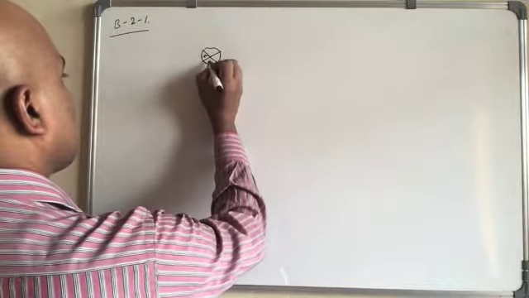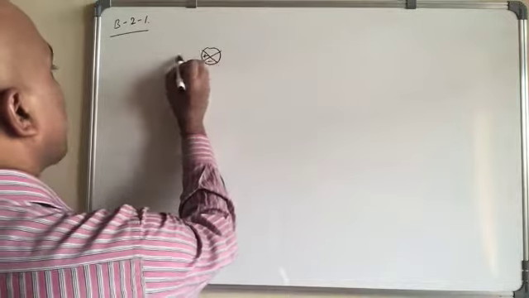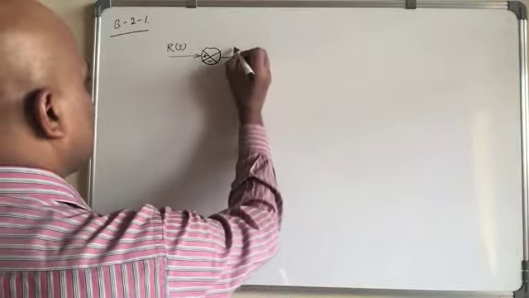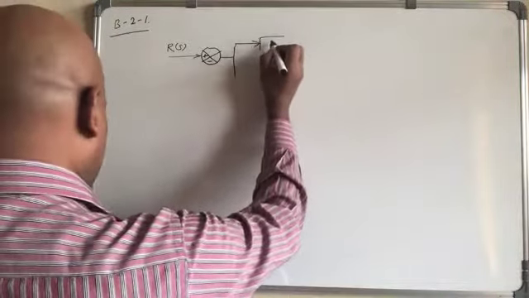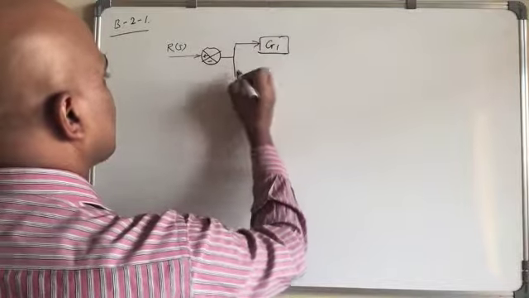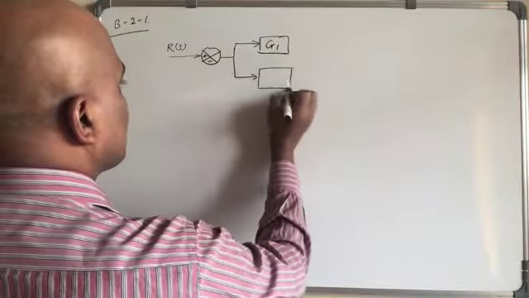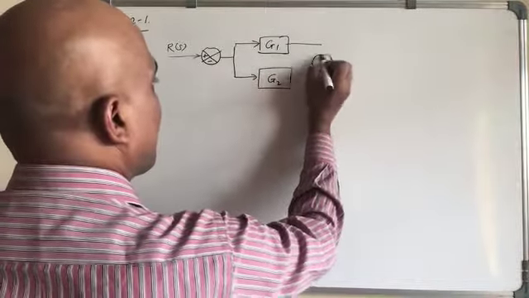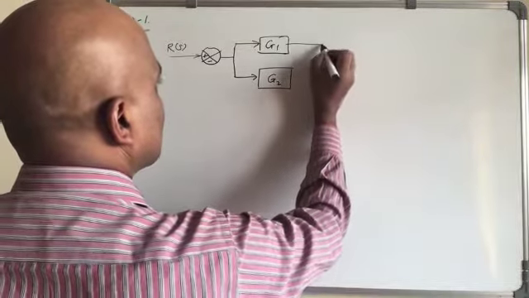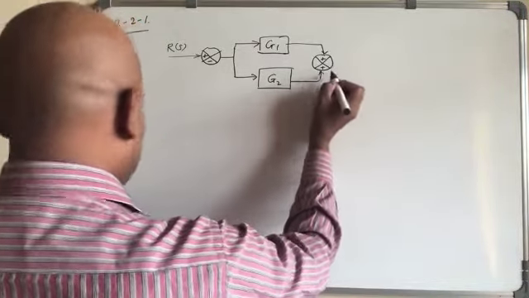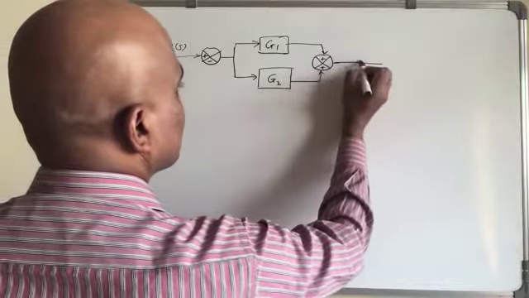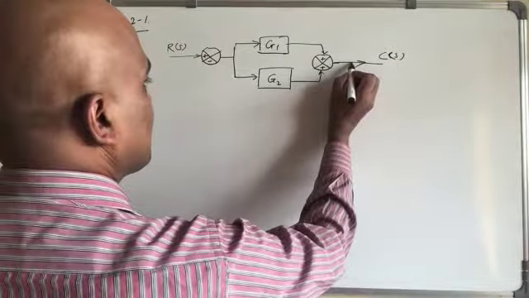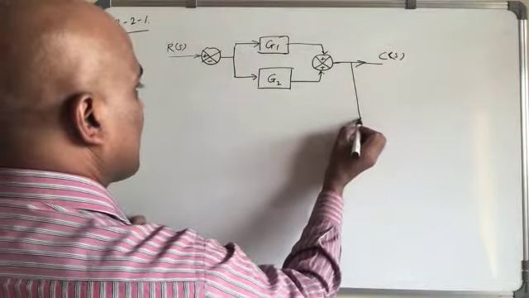This is a plus, this is minus, and then you have R(s) here, and from here it goes out, and then we have G1 given here, and G2 here, adding here, plus both, so it comes like this, and then goes like this. So this is C(s).